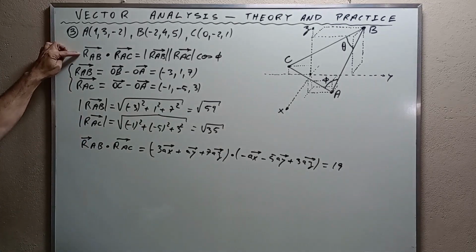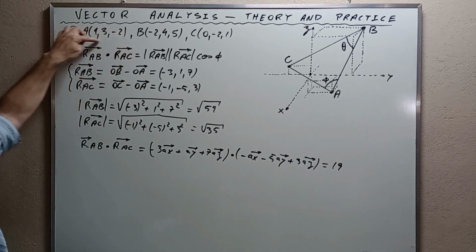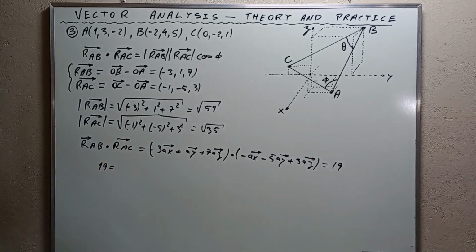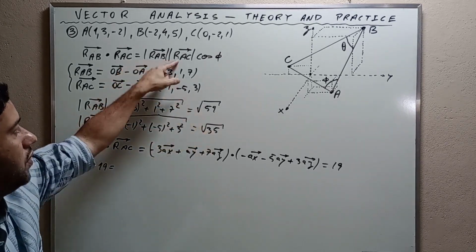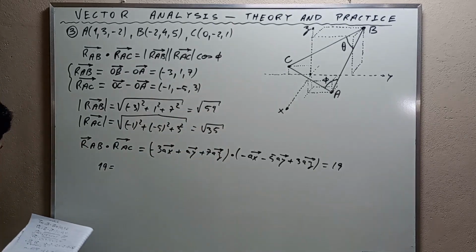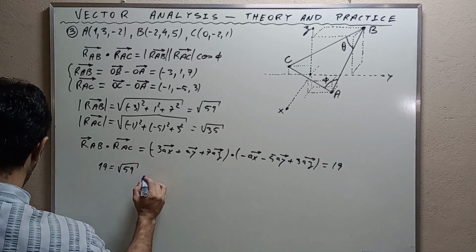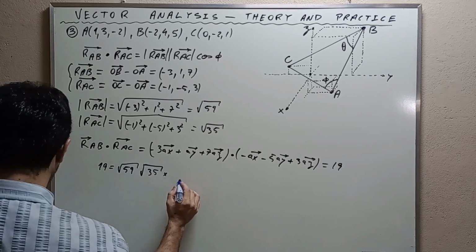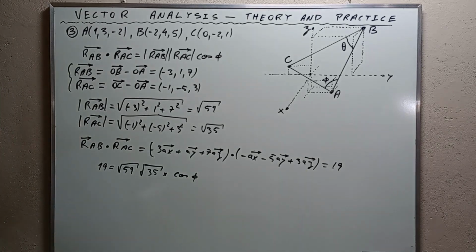We are going to use this expression here in the place of this term here. We put 19. We are going to substitute this and this by this and this, okay? It is the square root of 59 times the square root of 35 times the cosine of the angle we seek to find.